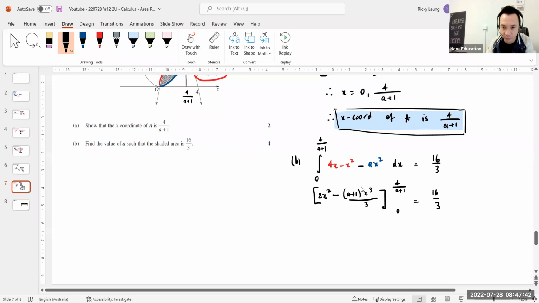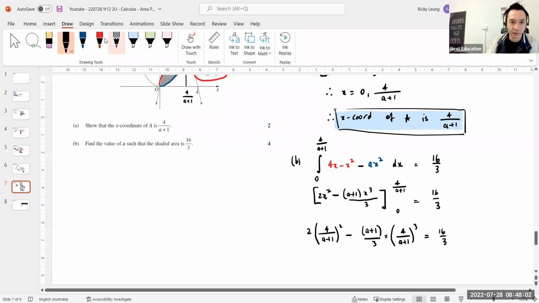I'll sub in the top limit first, so it'll be 2 times 4 on a plus 1 squared minus a plus 1 on 3 multiplied by 4 on a plus 1 cubed, equals 16 on 3. The working out isn't the best there, but you know what I mean.